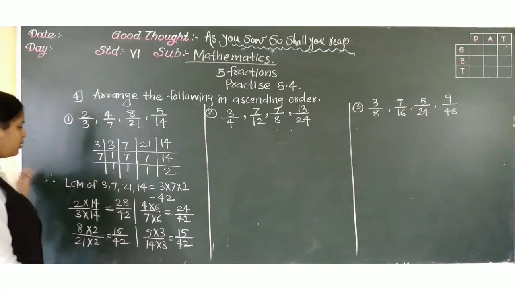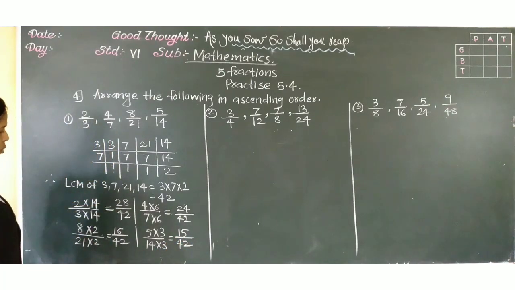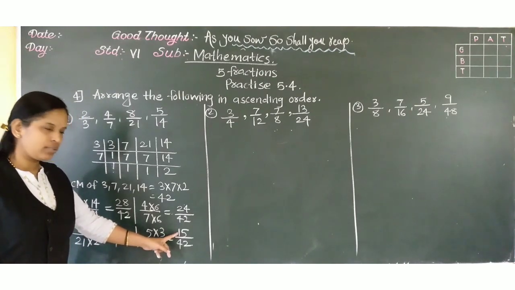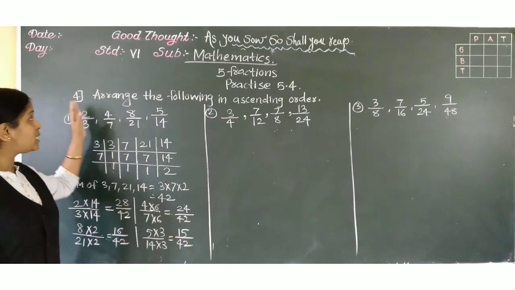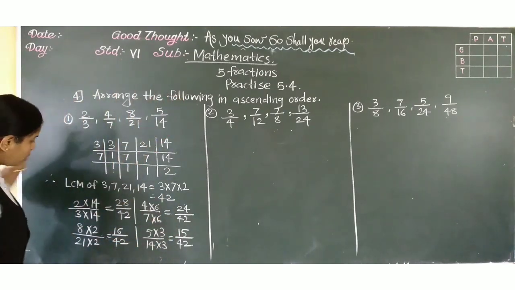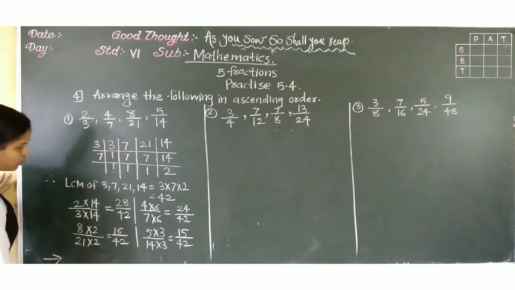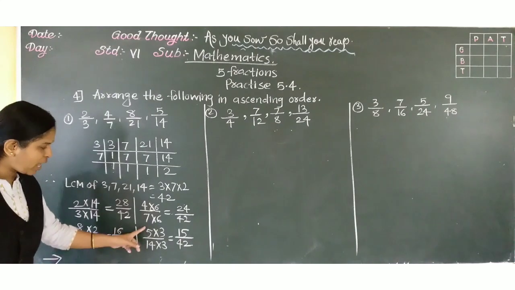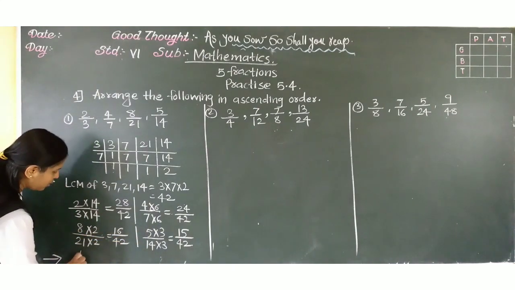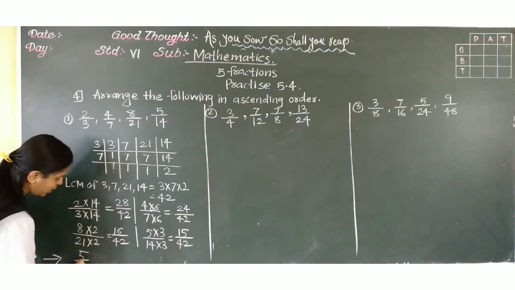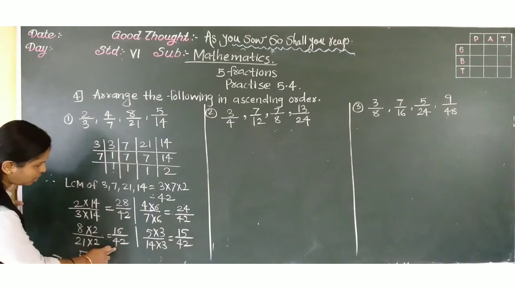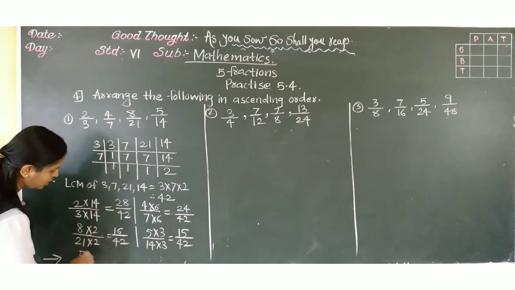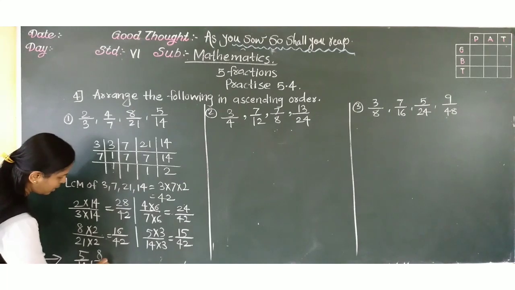Now, compare all of this. So, here, who is smallest? This. Correct? Now, ascending order we have to do. So, the smallest we will have to write first. Who is smallest? 15 upon 42. That means this fraction 5 upon 14. Correct? After that will come 16 upon 42, that is which fraction? 8 upon 21.